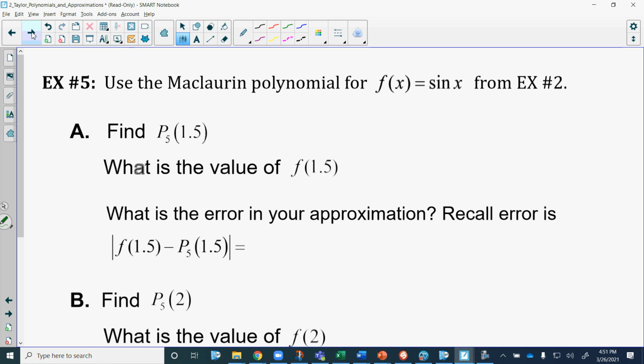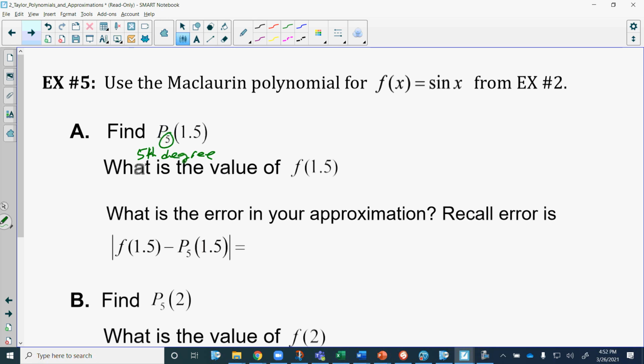So use the Maclaurin polynomial, meaning a Taylor polynomial centered at 0 for f of x equals sine of x. This is going back to what we did from example 2. But here it's asking us to evaluate it for a 5th degree polynomial, and we want to evaluate it at 1.5.